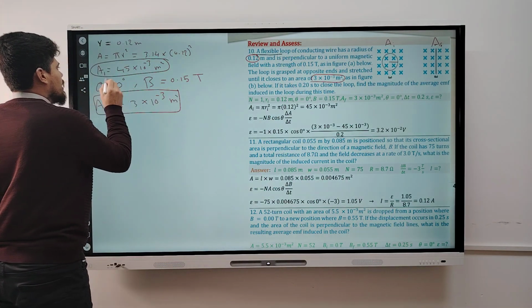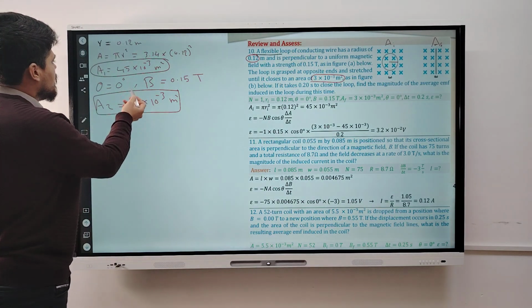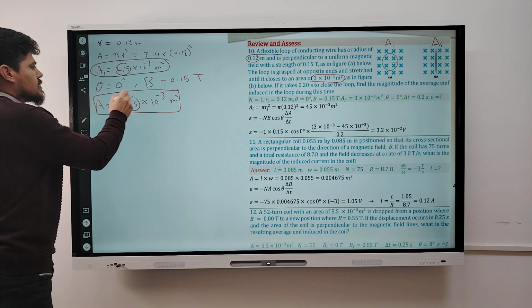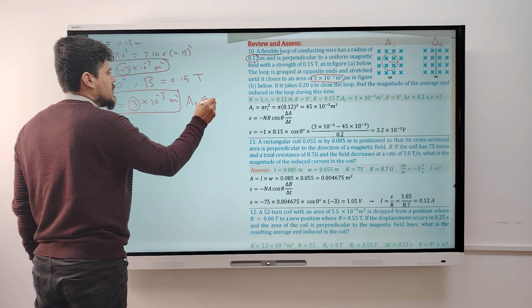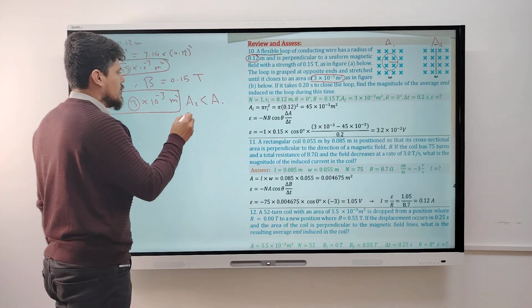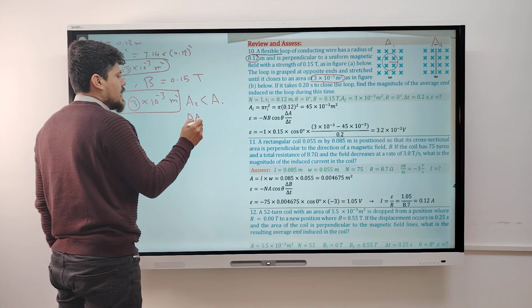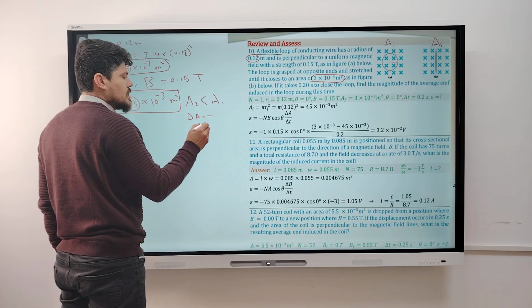What happened to the area? Did the area decrease or increase? As you can see, the area decreases. It means that A2 is less than A1, or A final is less than A initial. So which means that delta A is negative.